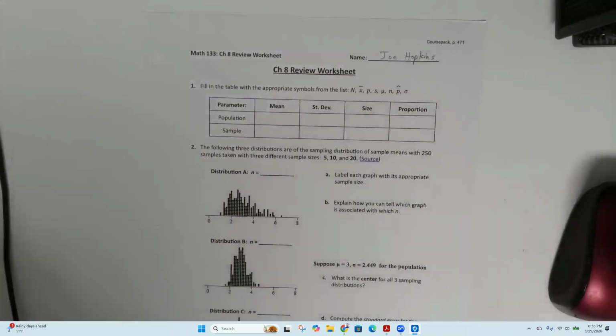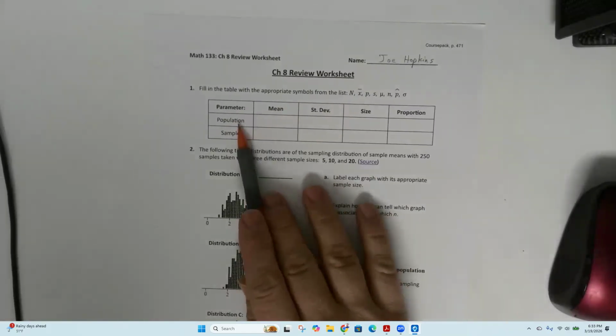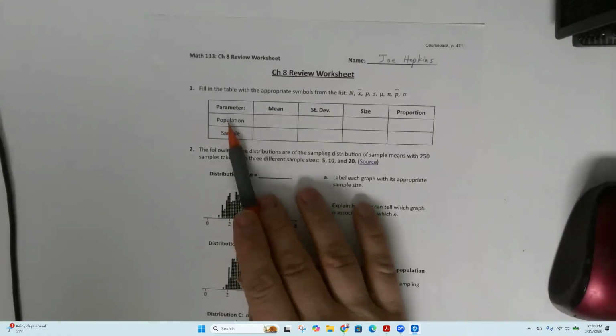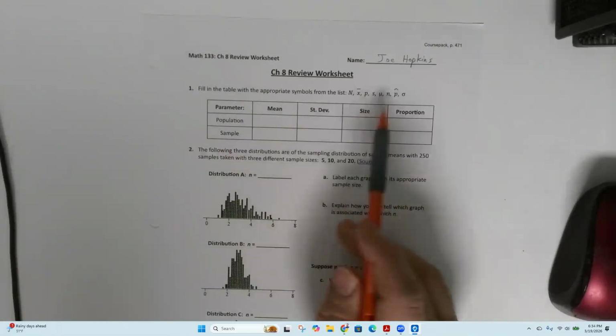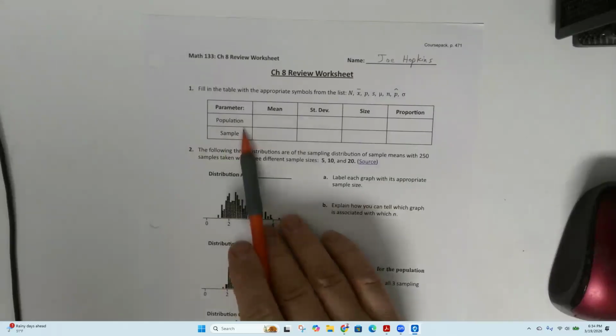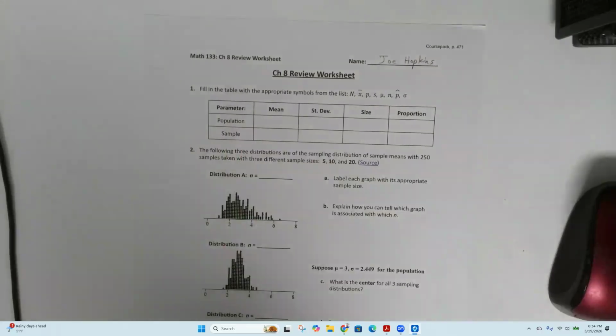So question number one, fill in the table with the appropriate symbols from the list. We're going to be talking for the rest of the class about populations and samples. I mean, we've been talking about populations and samples already, and there's different symbols for those. But I'm going to skip this one because you guys probably know all the answers on that.